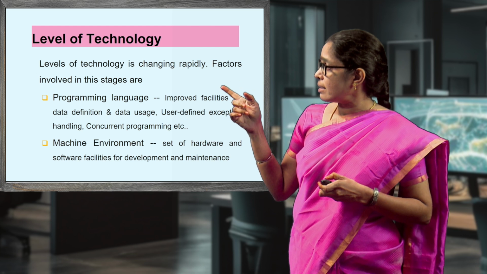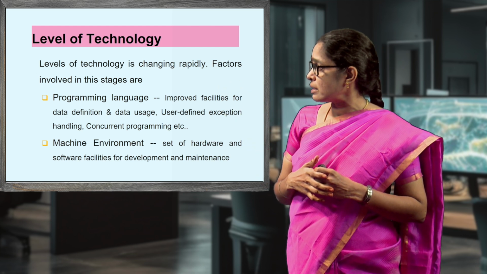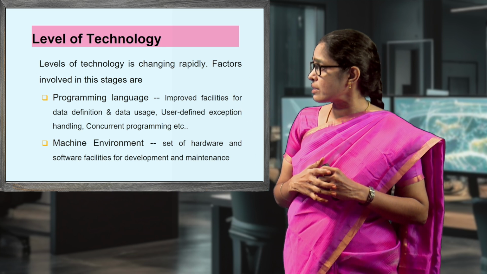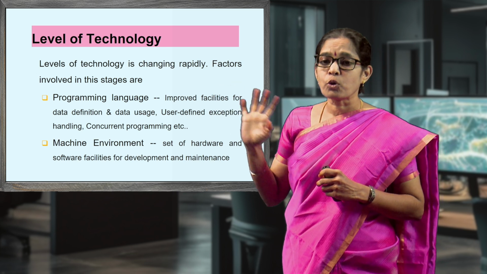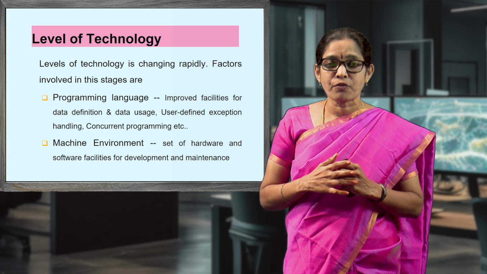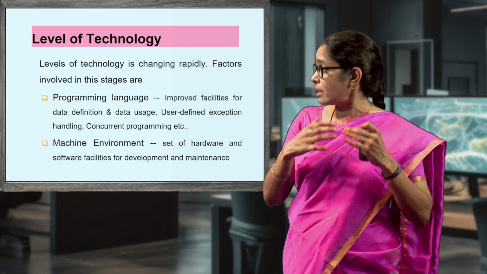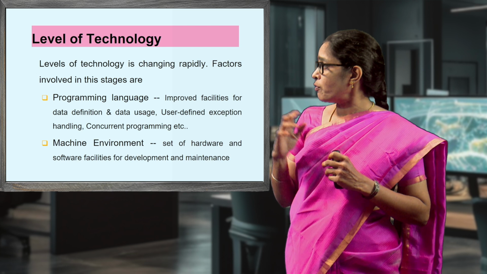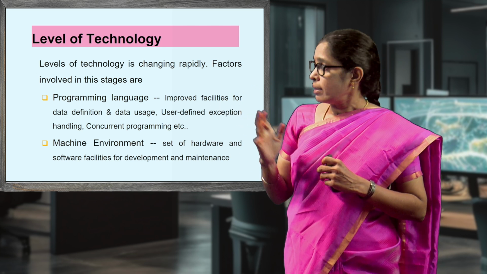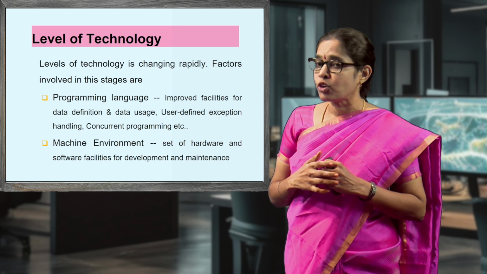The next factor is level of technology. It is changing rapidly. The factors involved at this stage are, first, programming languages, which can be used to improve the facilities of data definition, data usage, user defined exception handling, concurrent programming, etc. Then the next is machine environment.